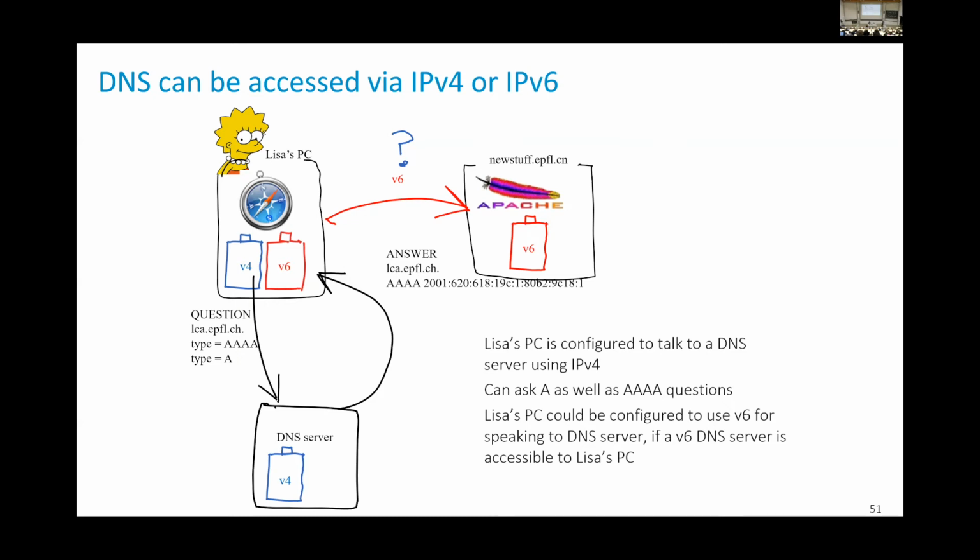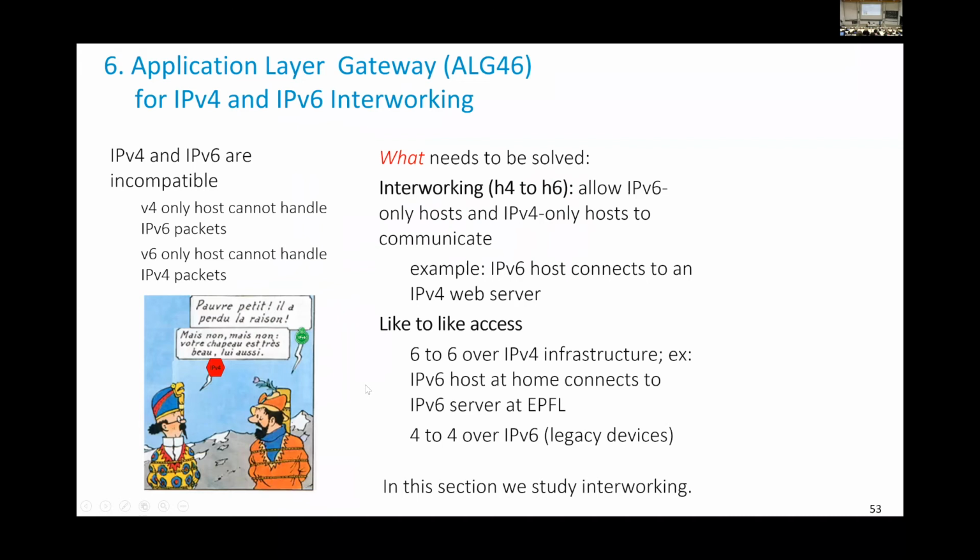So if you enable IPv6 only in your machine, you should be able to get IPv4 queries here. Or vice versa, if you have an old installation where the network supports only IPv4, then you put your DNS server only on IPv4, because you have only a local network that works there. So there should be full independence of that.